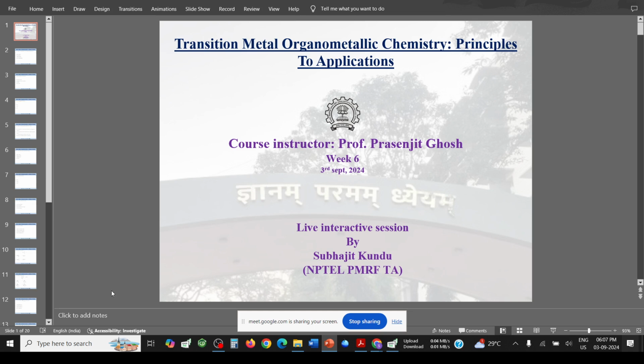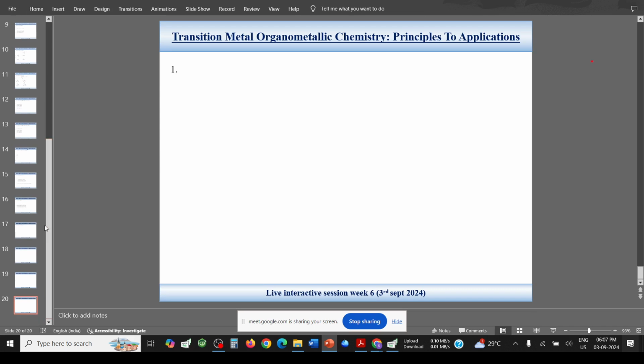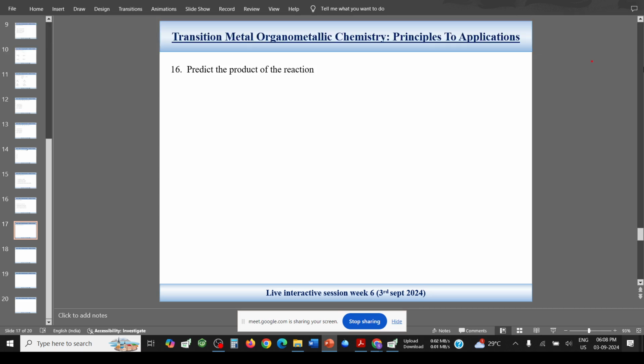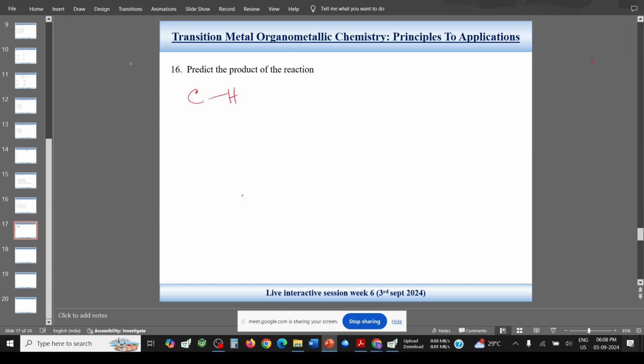As per my discussion, we have already discussed the different activation reactions, like the CC activation, the CH activation reaction, and at last the CF activation reaction.